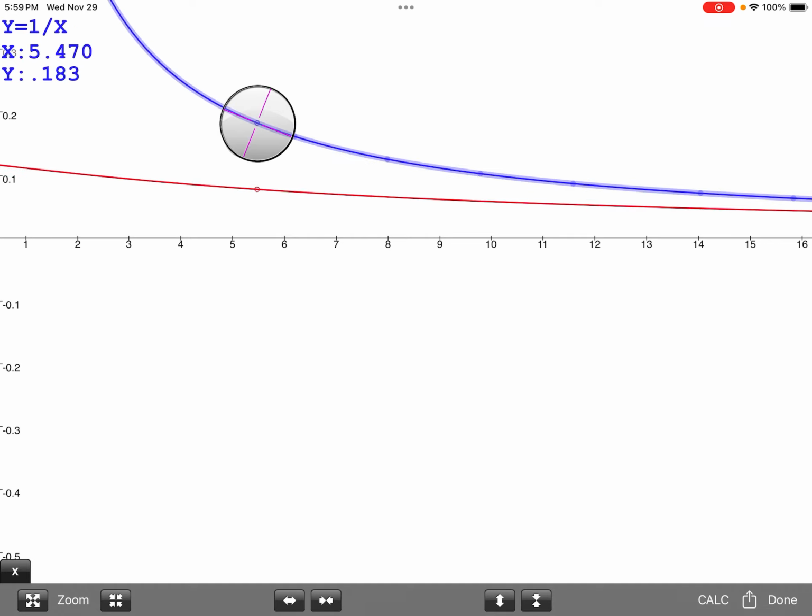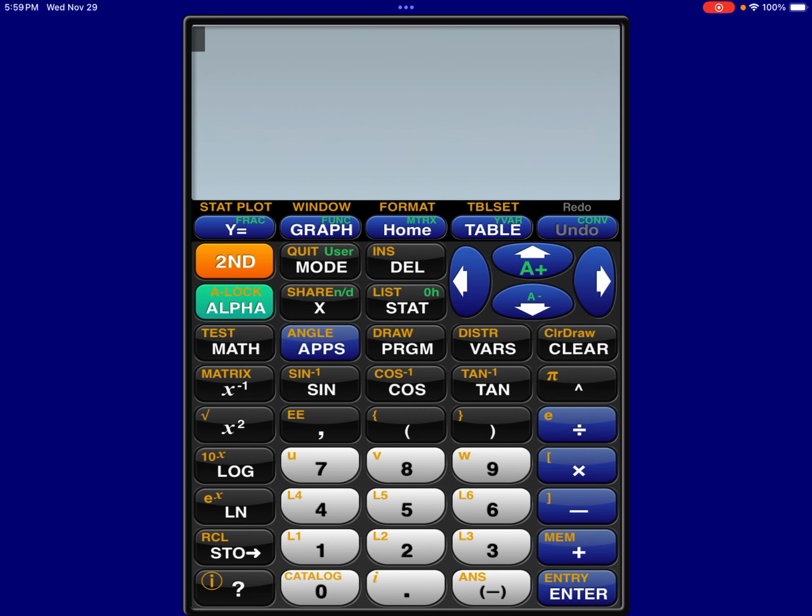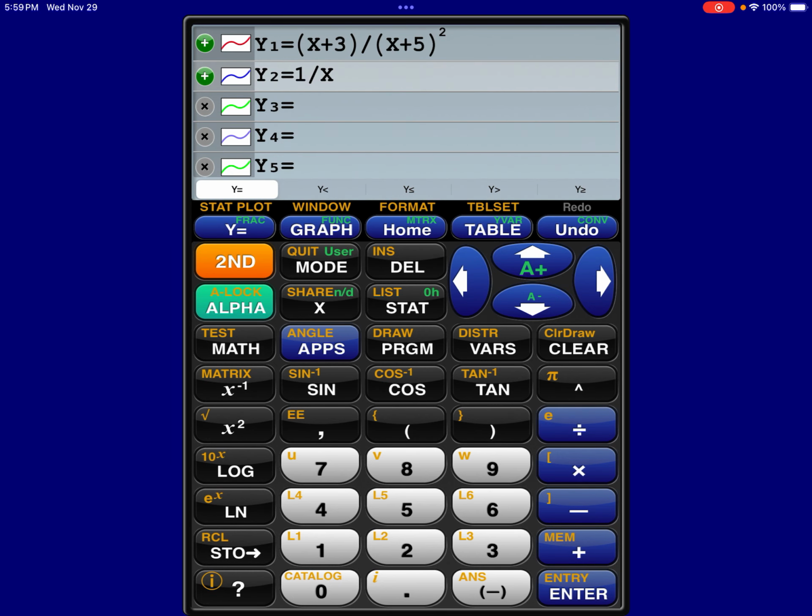So is there any way I could grab that blue function and force it down? So I actually can, and that would be basically you shrink it by a factor of 10, or in other words, if I change the 1 to a 0.1, that's going to make it 1/10 as tall.